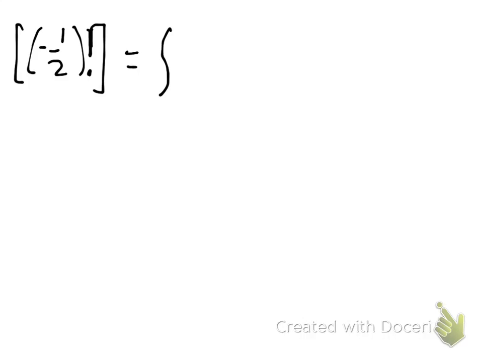Now, remember, it was equal to 2 times the integral from 0 to infinity of e to the minus u squared du. Now note, this is an even function because it's u squared. So if we plug in a positive value, it's positive, and if we plug in a negative value, it's still positive.